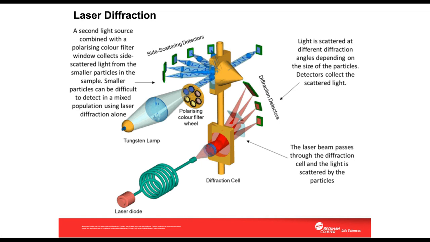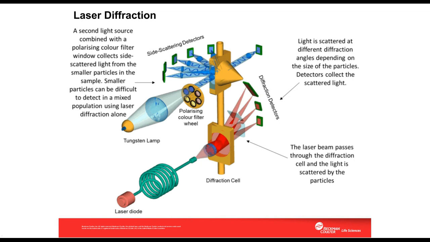Now, one weakness with laser diffraction used by itself is that smaller particles in a mixed heterogeneous population of particle sizes can remain undetected because the bigger particles create so much light diffraction.